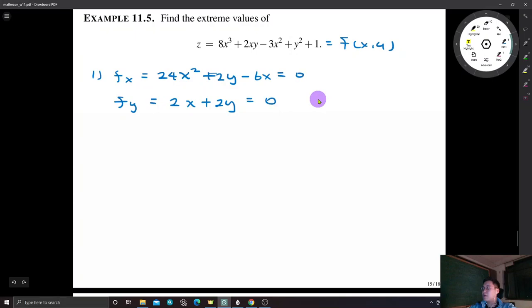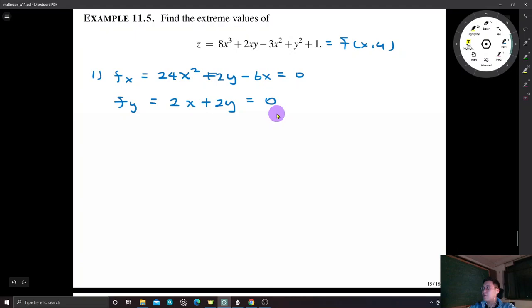That gives me simultaneous equations, a pair of equations for x and y. Unfortunately, we cannot apply matrices because the first equation is non-linear; we have x squared. But if we take a look at the second equation, 2x plus 2y is equal to 0.